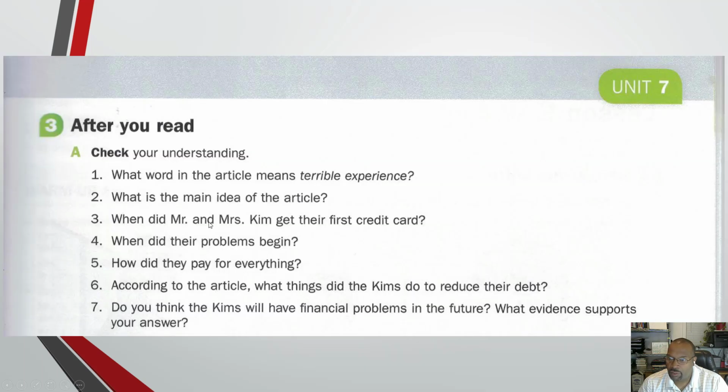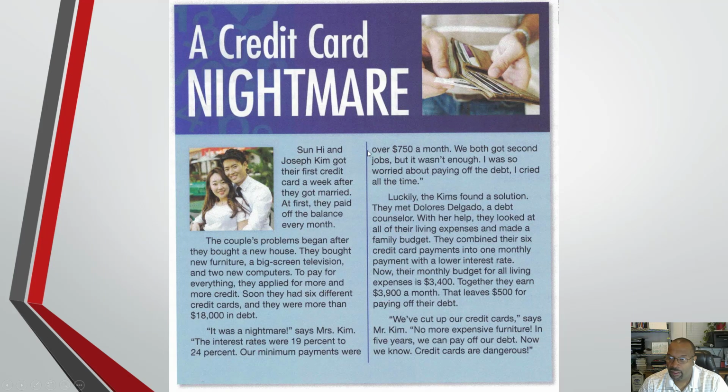When did Mr. and Mrs. Kim get their first credit card? They got their first credit card 1 week after they got married. I read that here. Sun Hai and Joseph Kim got their first credit card a week after they got married.